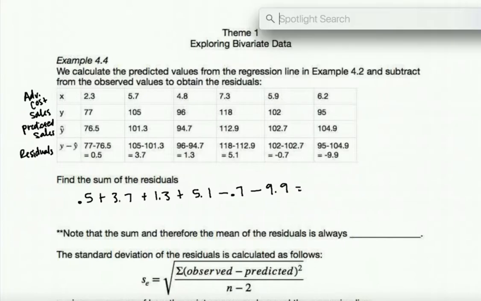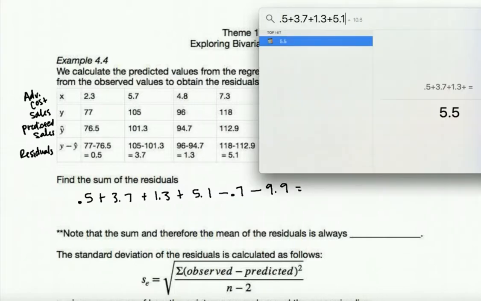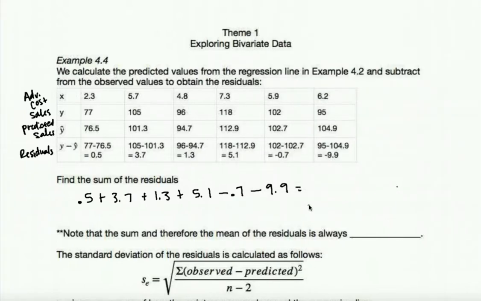If you do that, you're going to get 0. And that's always going to be the case. Anytime that you find the sum of the residuals, and therefore the mean of the residuals, it's always going to be equal to 0.